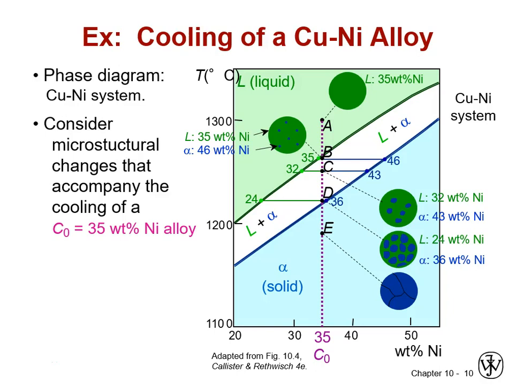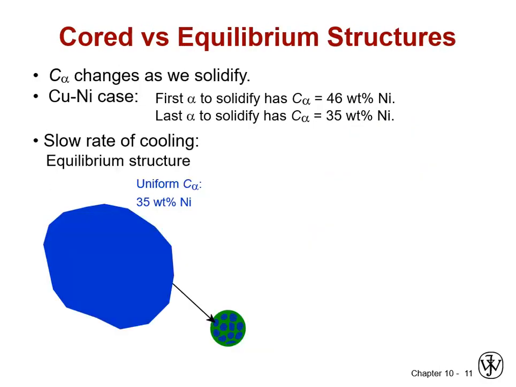We've formed grain boundaries between them. So we have a polycrystalline solid there that has one phase. It's all alpha, and it's the same composition as the liquid we started with. So that is a solidification sequence of a single phase, completely solid solution.